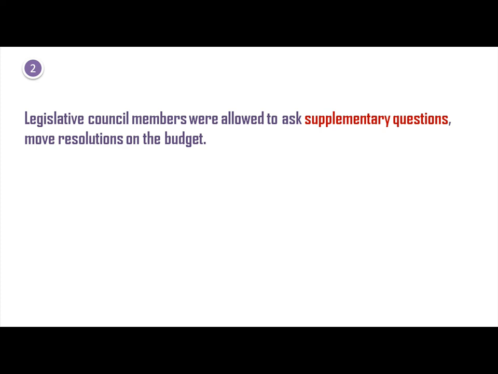So, what is the second characteristic feature? The legislative council members were allowed to ask supplementary questions, and they were allowed to move resolutions on the budget. They can move the resolutions, but the final decision will be taken by the Viceroy and the Secretary of State.